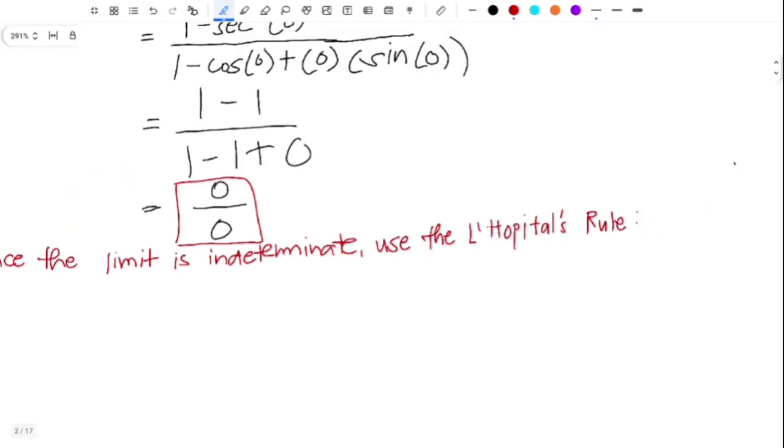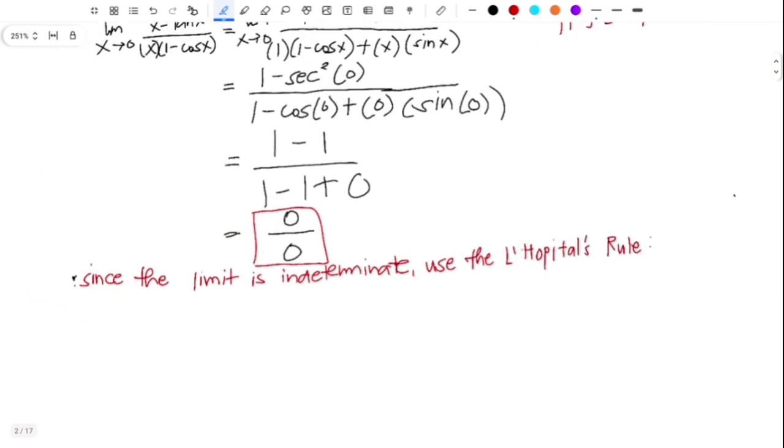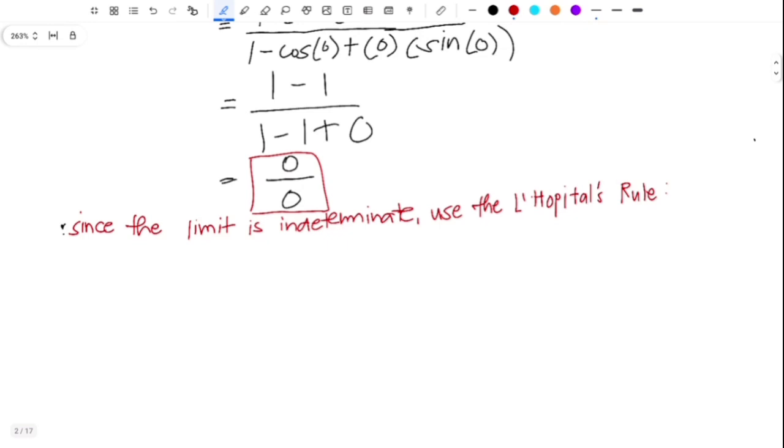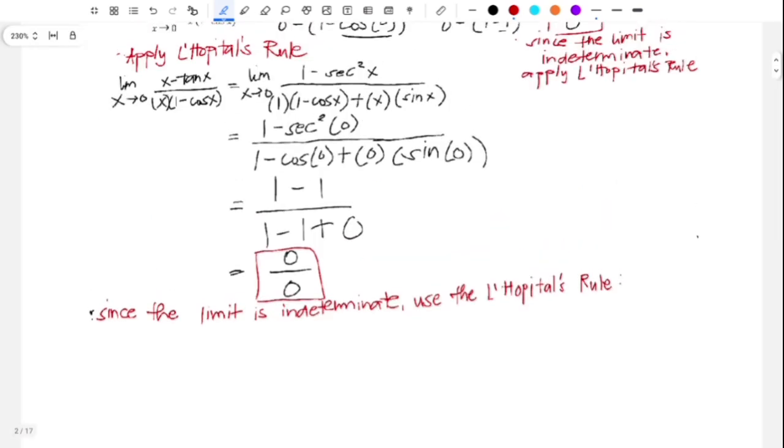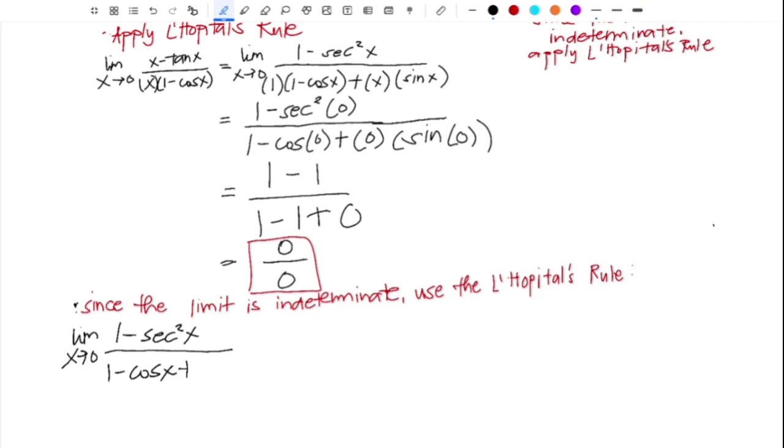Okay. Now that the limit is indeterminate form, we will use again the L'Hopital's rule, which is the same process we did in our previous solving. We need to get the derivative of our numerator and denominator. So our new function will be the limit as x approaches 0 of 1 minus secant x squared over 1 minus cosine x plus x sine x. There.